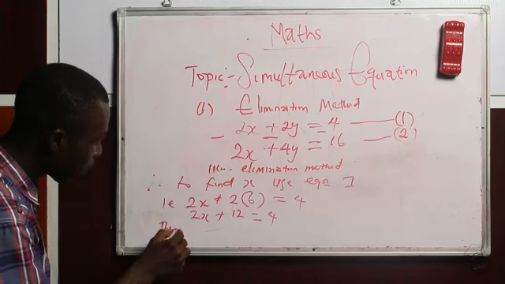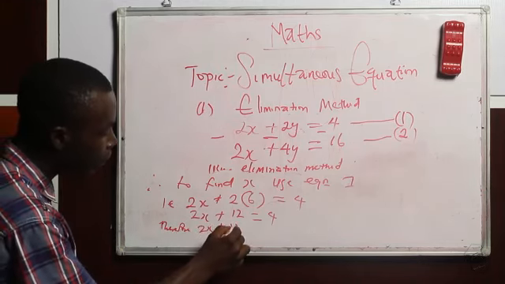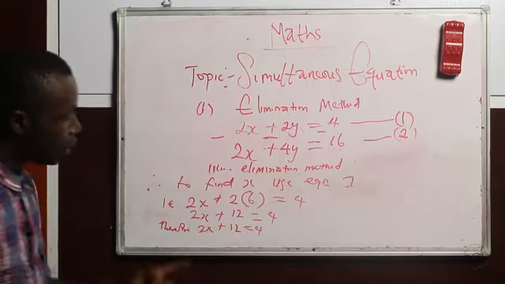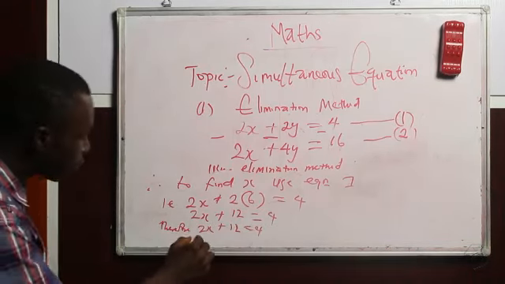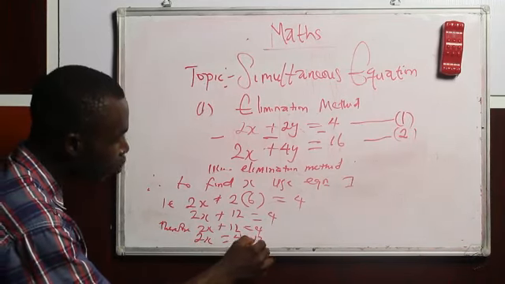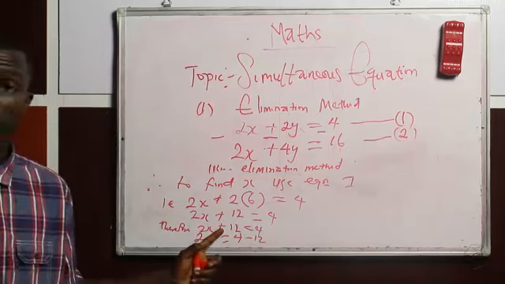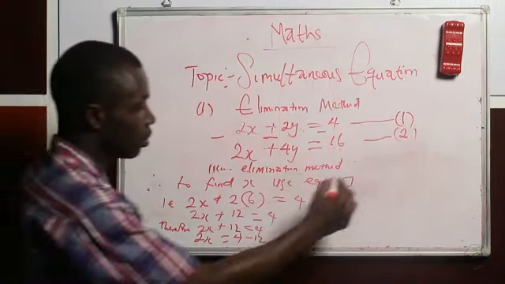Therefore, 2x plus 12 equal to 4. Now, this plus 12 will cross the equality sign. We have 2x equal to 4 minus 12, because plus 12, as it crosses the equality sign, will turn to minus.